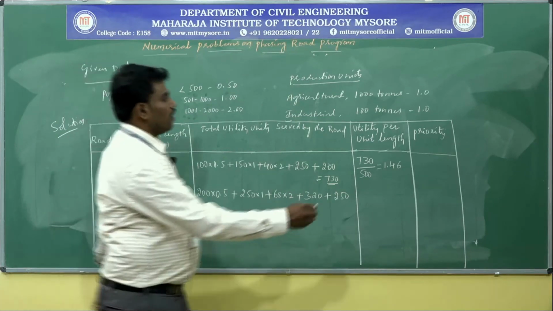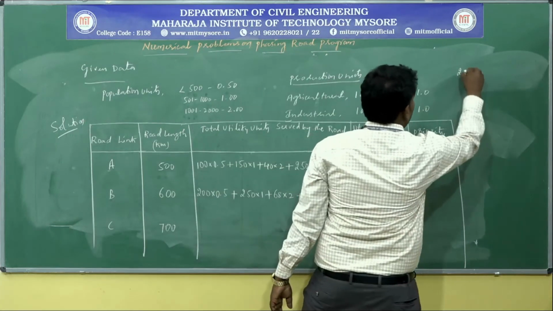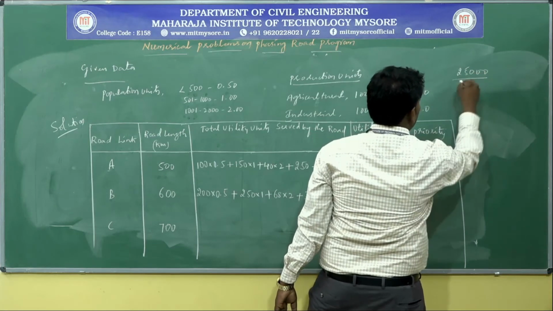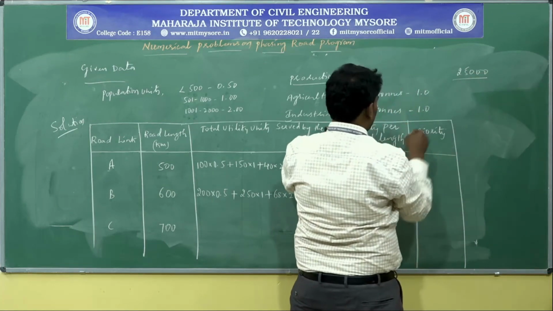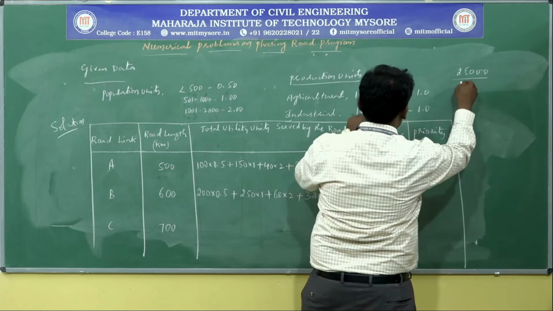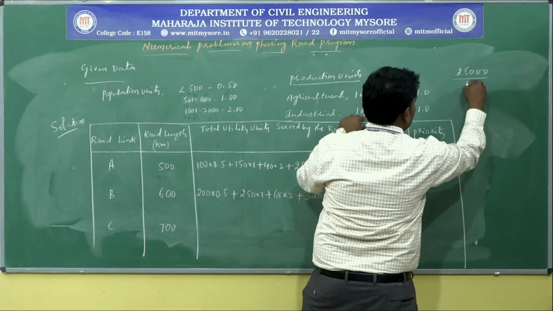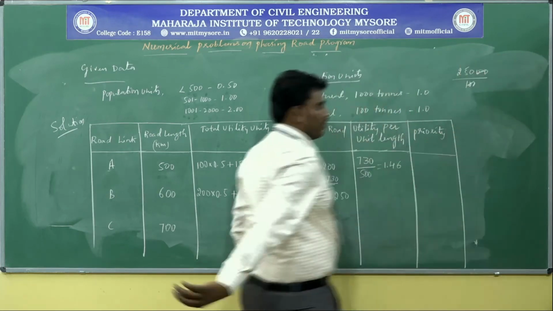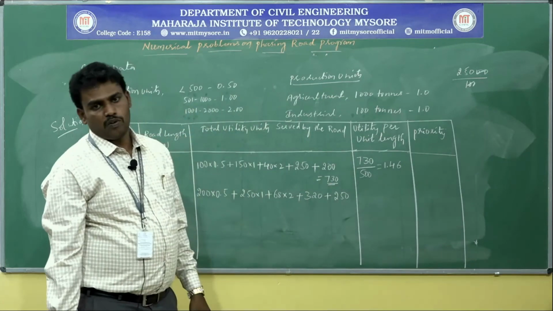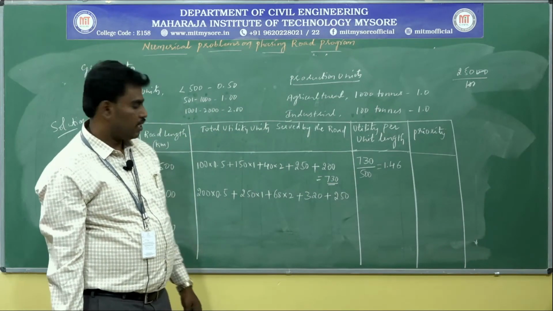This is very simple: 25,000 divided by 100 gives 250 units for industrial products.